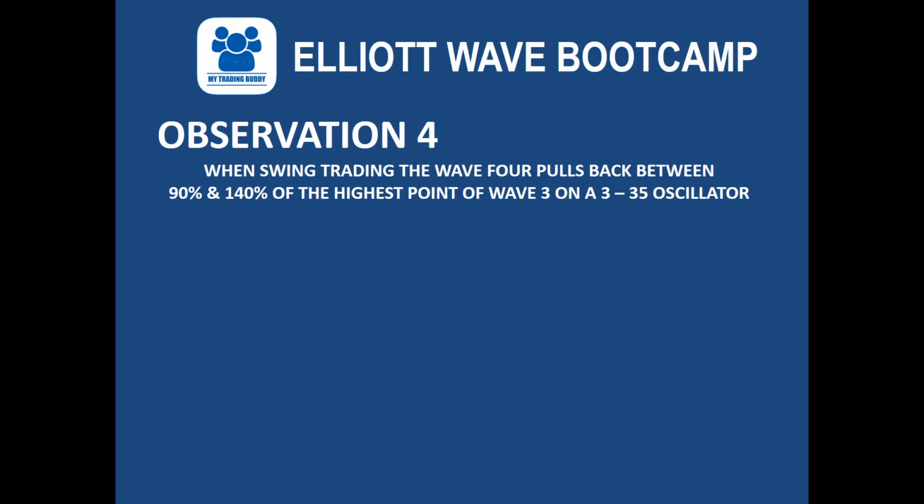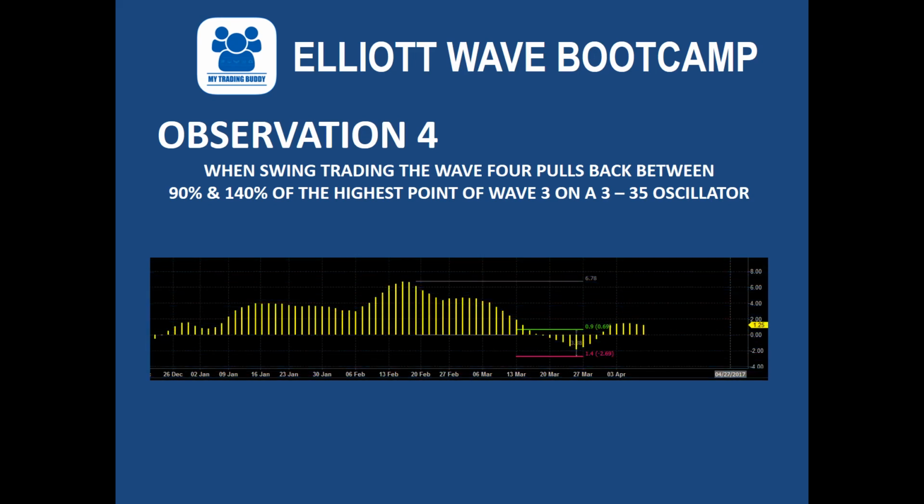So observation 4, when swing trading the wave 4 pulls back between 90 and 140% of the highest point of wave 3 on a 335 oscillator. Now this is part of the indicator suite as well. It's not usually on Elliott wave software, but I've included it because it's a very important observation and part of my strategy.